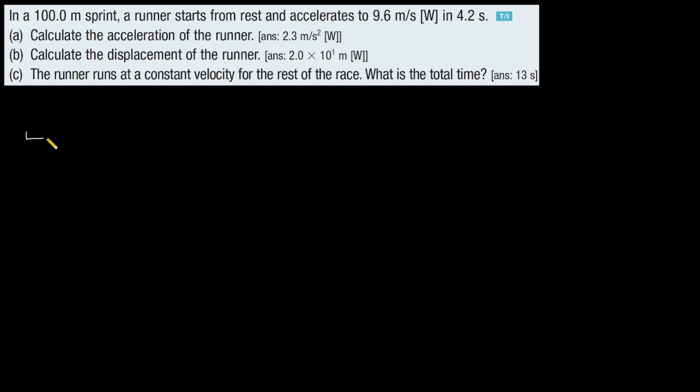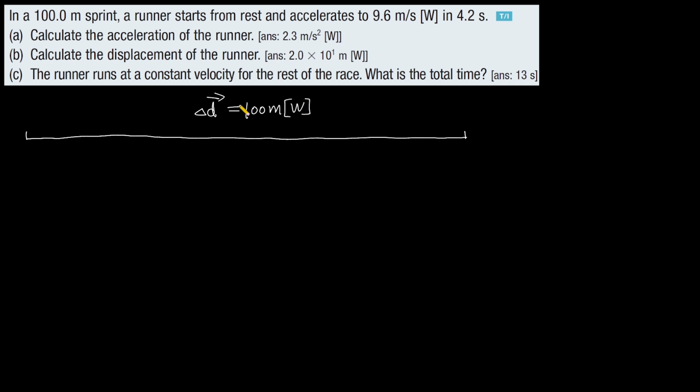So the total displacement of the runner is 100 meters west. And we can divide the total displacement into two sections: section 1, displacement 1, and section 2, displacement 2.